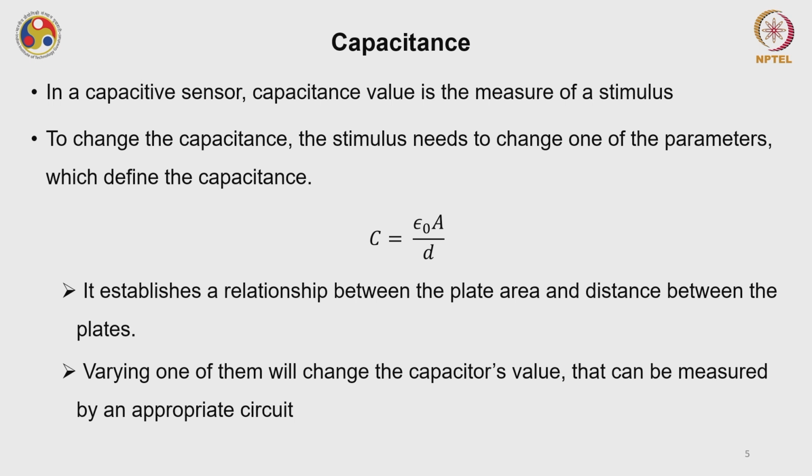In a capacitive sensor, the capacitance value is the measure of a stimulus. The stimulus needs to change one of the parameters which define the capacitance, and for a parallel plate you can see that there are three different parameters: the dielectric constant, the area of the plate, and the distance between the two plates. Say I take a typical example of a displacement sensor.